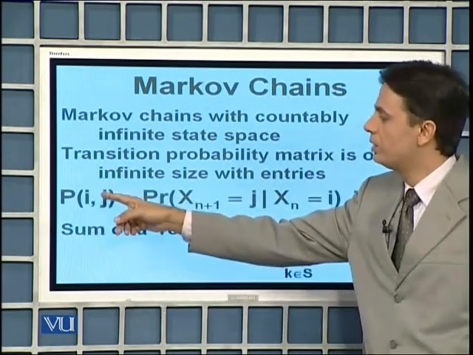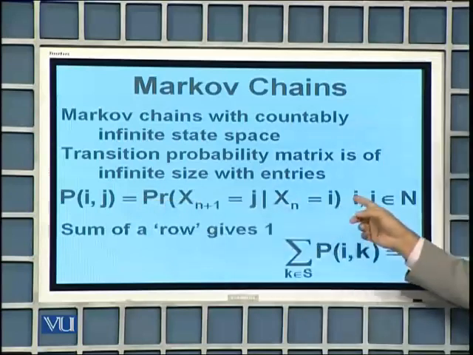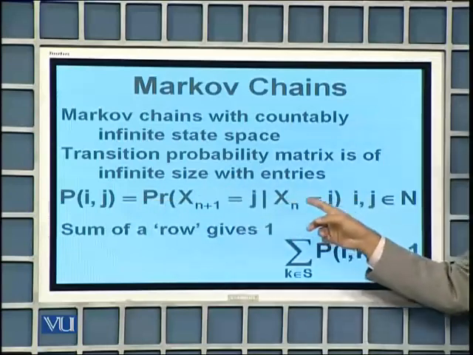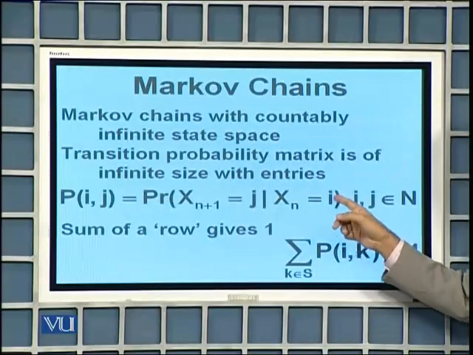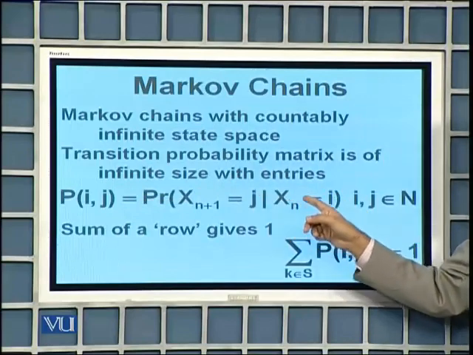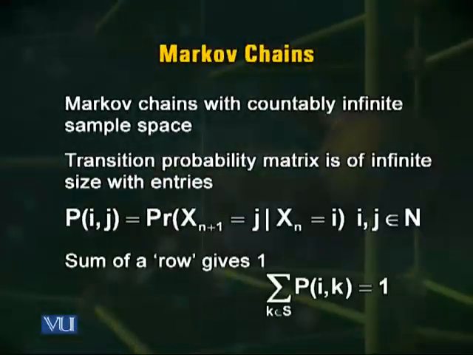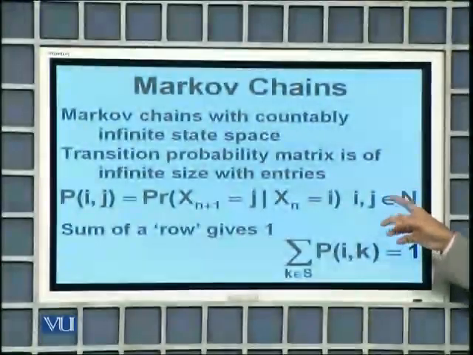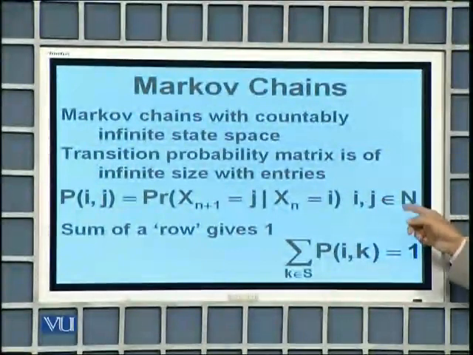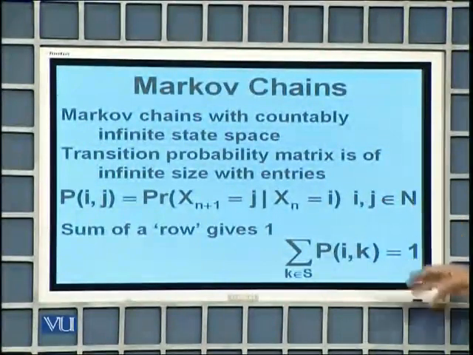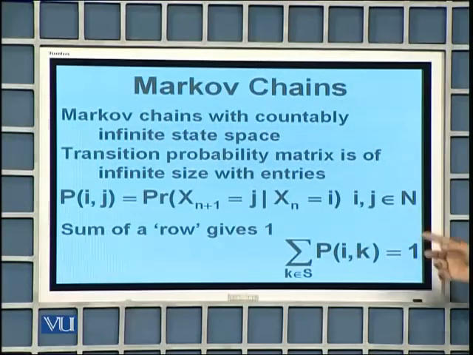So the transition probability from i to j is once again using the old definition that we move from state i to state j at sampling instance n to n plus 1, where i and j are two states and their labels i and j can be in the set of natural numbers or any other set of countably infinite elements like the set of integers or the set of all lattice points on a two-dimensional discretized plane.